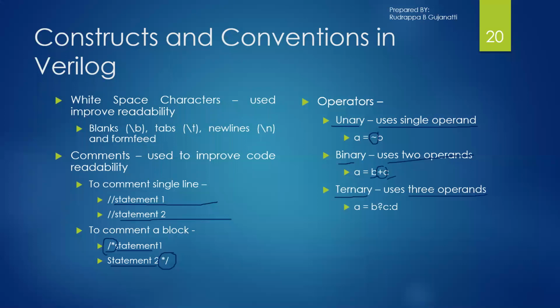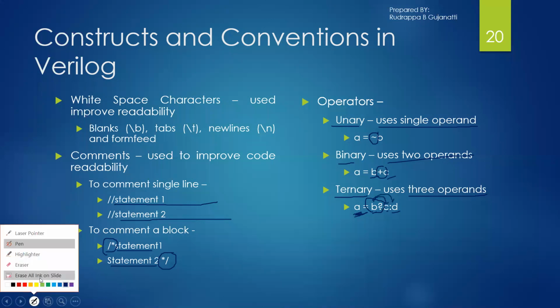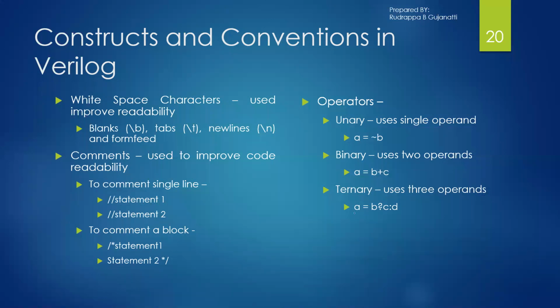If you observe here, what the value of A should be depends on B, C and D. Depending on the value of B, it either assigns C or it assigns D. So using three operands, you are deciding what value has to be assigned to A. If B is true, assign C. If B is false, assign D. This is how it is read. So this is a ternary operator.